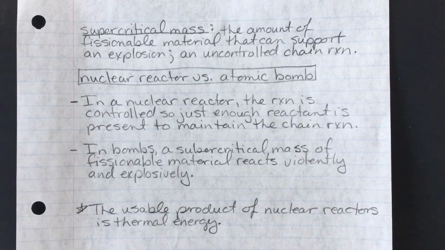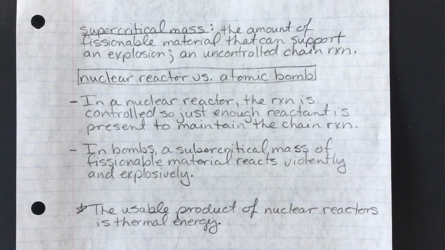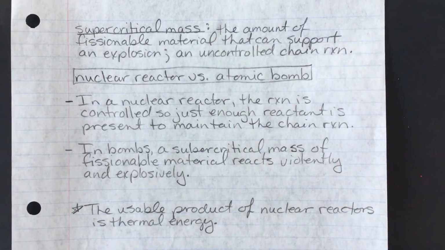Okay, we can also have what is called supercritical mass, and this is the amount of fissionable material that can support an explosion, an uncontrolled chain reaction. And so where the critical mass and the supercritical mass really apply is in nuclear reactors versus atomic bombs. In a nuclear reactor, we do not want what's called a meltdown.